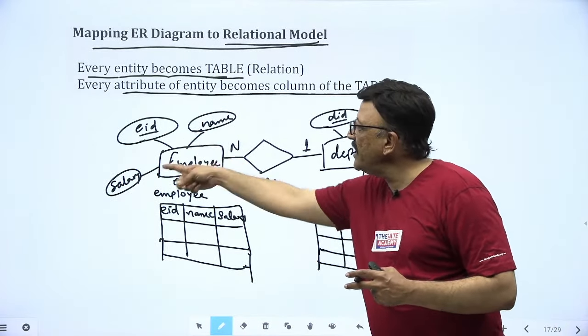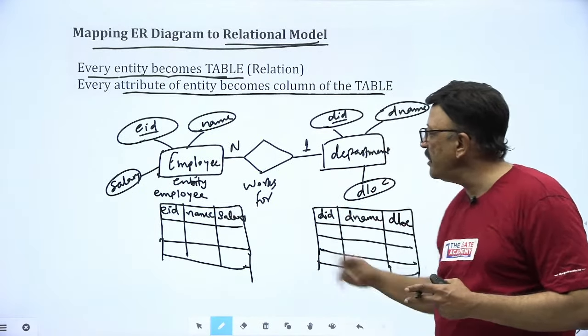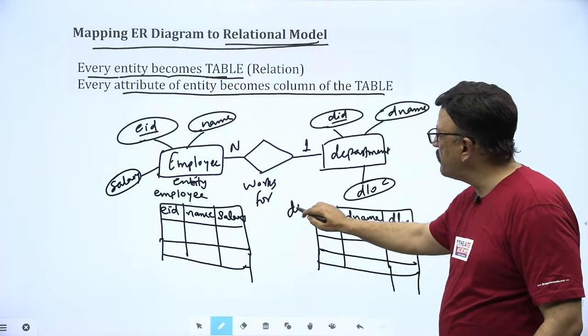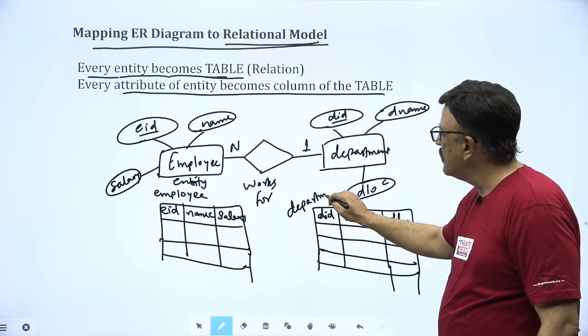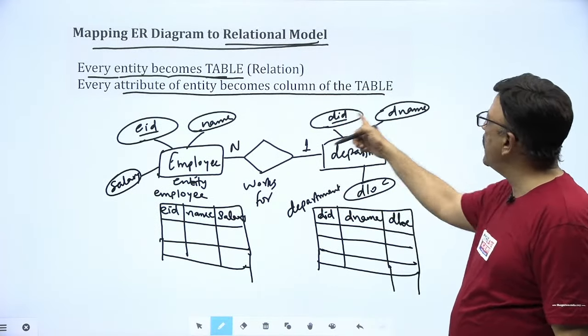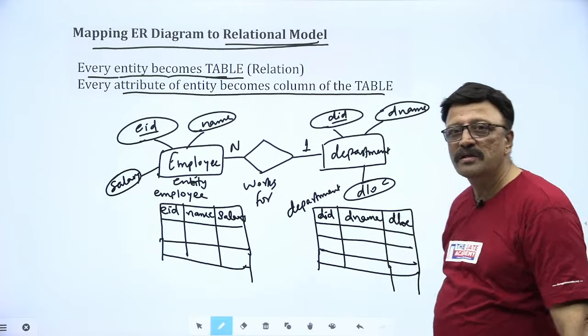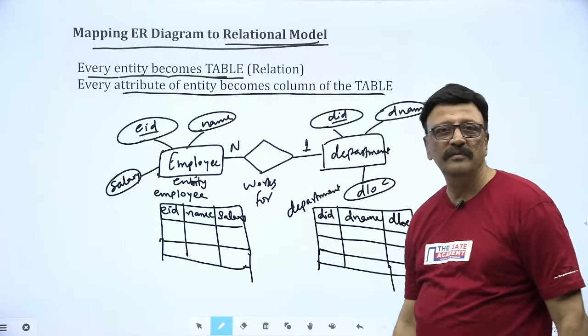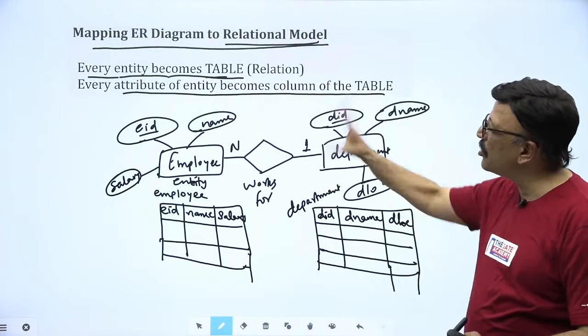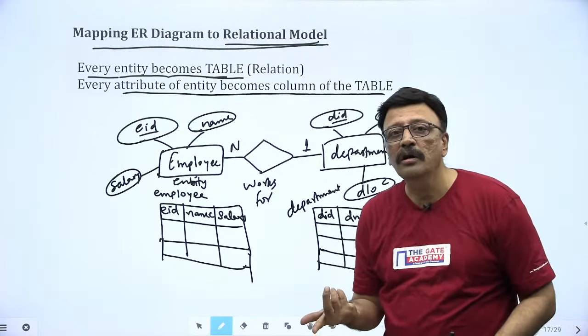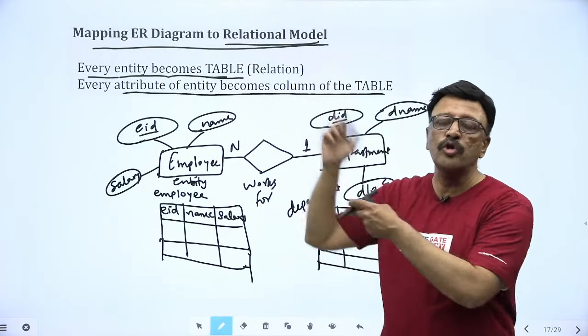Employee has EID, name and salary. This is the employee table. This is easily the department table, and department had DID, DName, DLoc. So three columns. What happens to that relation? Or can we just ignore that relation? How can you ignore it? If you want to ignore it, why did you show it?